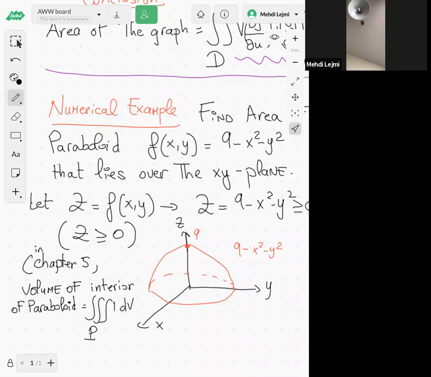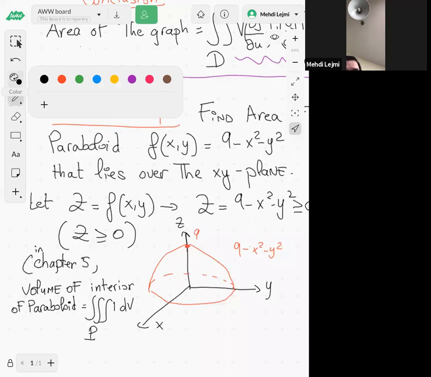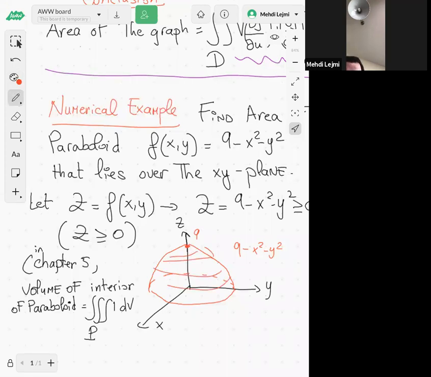So now what we are doing, we are computing the area of the paraboloid. It's not the volume of the interior. We are computing the boundary, in some sense, the boundary of this interior, right? We are computing the area of the paraboloid itself, not the volume of the interior.